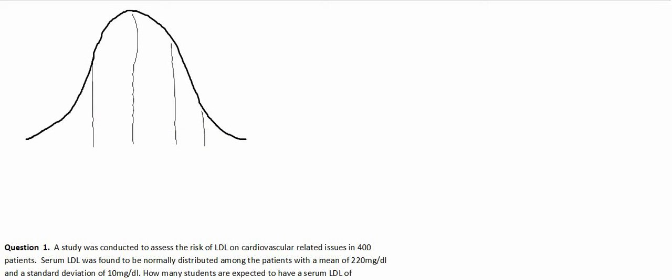This is going to be the first standard deviation. So one standard deviation after the mean will fall here, two standard deviations after the mean, and this is three standard deviations after the mean.